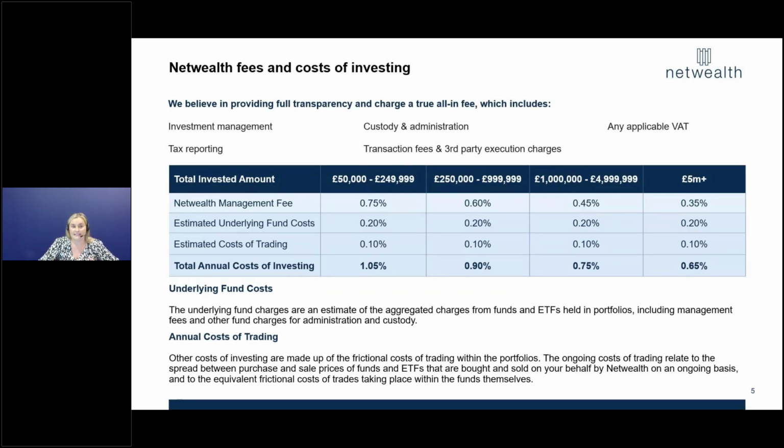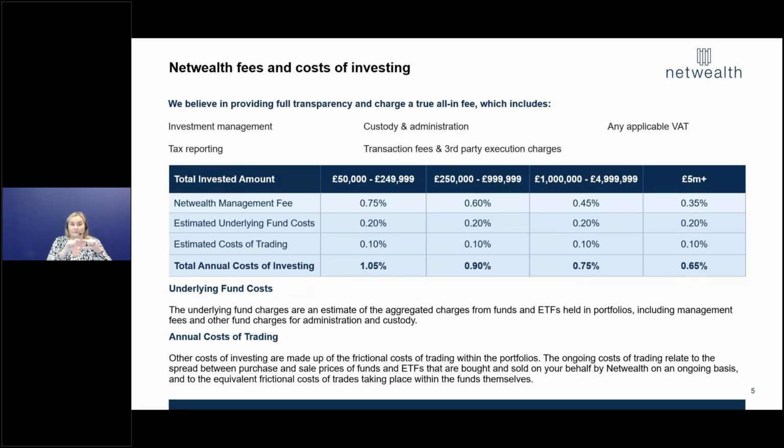But it's worth highlighting that these fee bands are cliff pricing. And by that, I mean that if you invest £251,000 with Netwealth, that entire amount is charged at the 0.6% as you've reached that fee threshold and not just the amount over that £250,000 fee threshold.